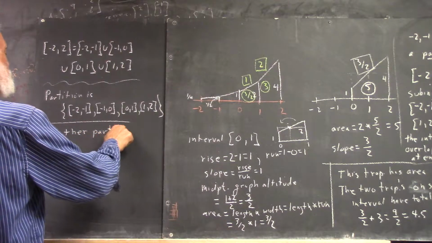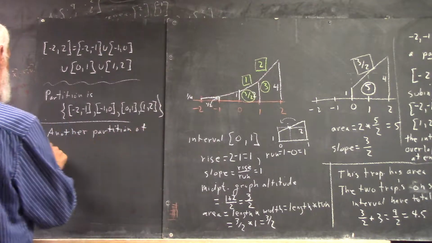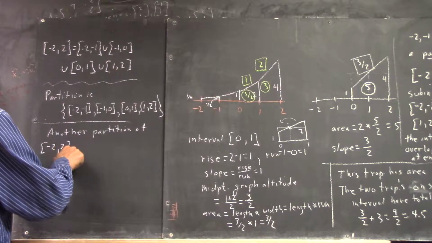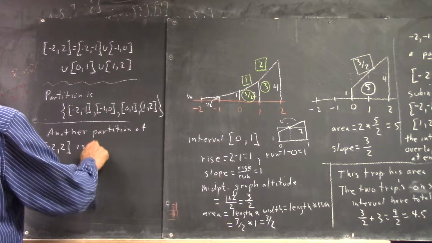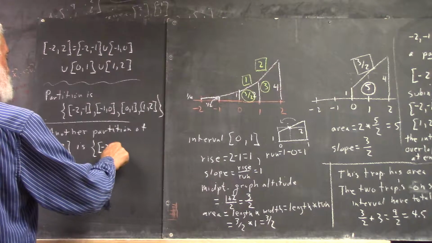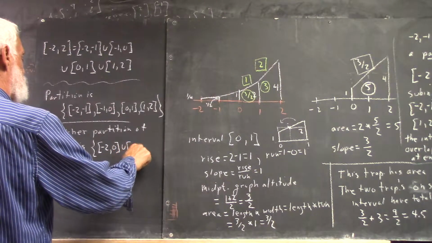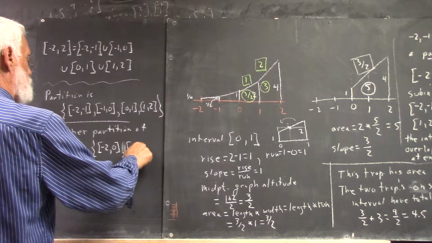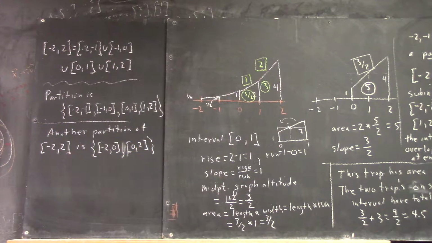Another partition is this. Does that fit the criteria? Do those intervals overlap anywhere except at the endpoints? No, the only place they overlap is at 0, right? And you can get rid of that by using half-open intervals if you don't like that. Okay.